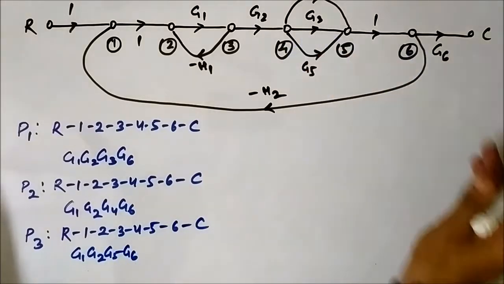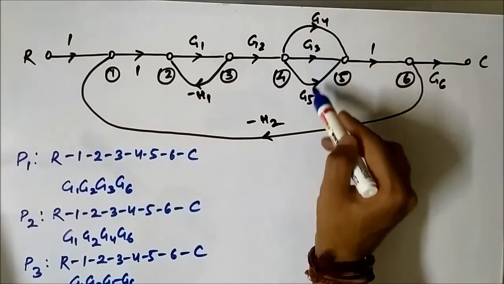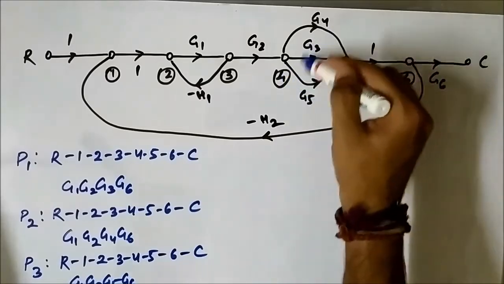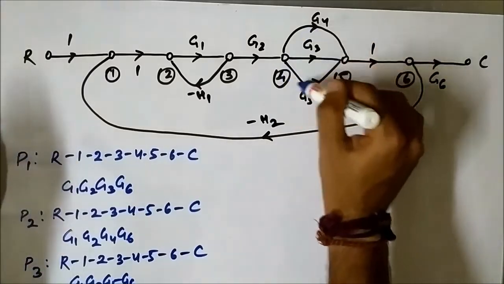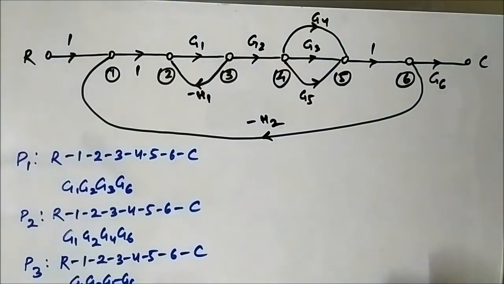Every change happens between nodes 4 and 5, as there are 3 forward paths between nodes 4 and 5. All the different forward paths are created between these two nodes.